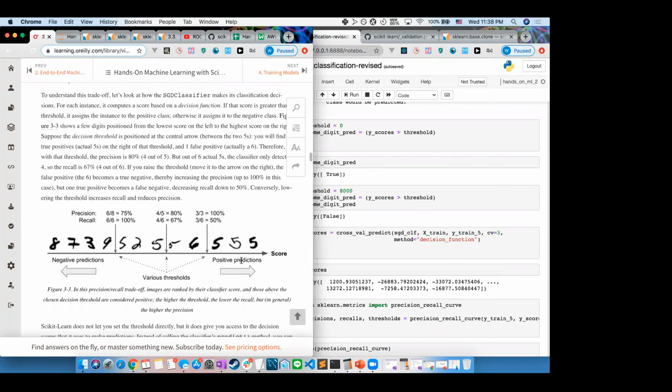And this graph shows nicely how these performance metrics shift when you shift the thresholds.